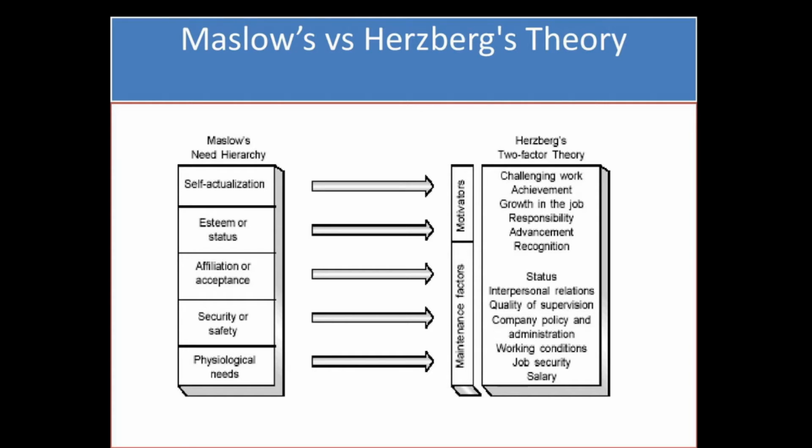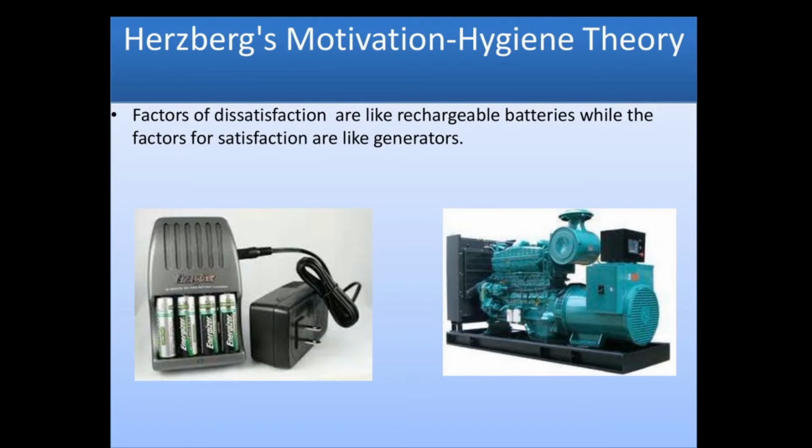So it is totally what Maslow has told versus Herzberg's theory. Sometimes you can see one or two points looking similar. Some other points are different, where Herzberg has laid down only from the organization point of view.